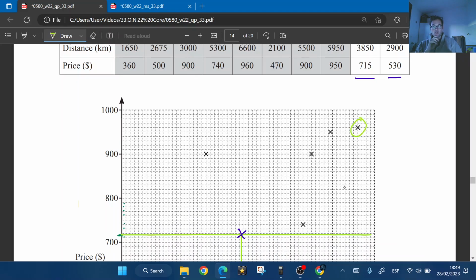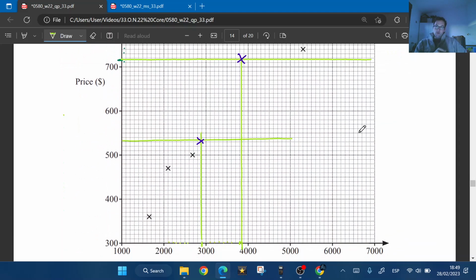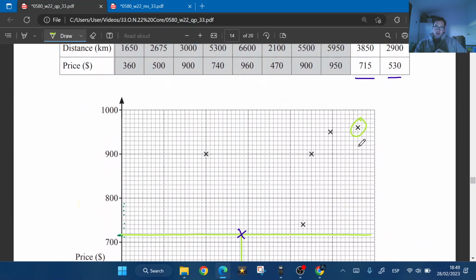You pay the most for it, I would say. But it is also the one that takes you the furthest. So is it an unfair price? No, because you pay a lot more because you go further. So per kilometer, it's fine.